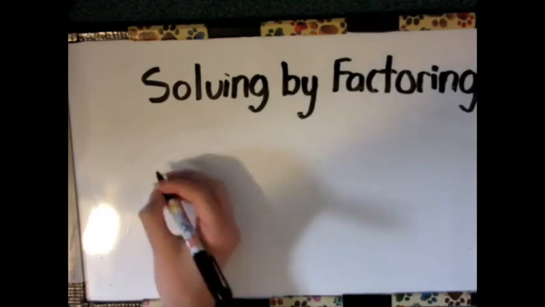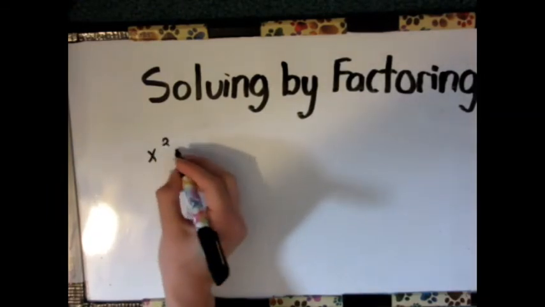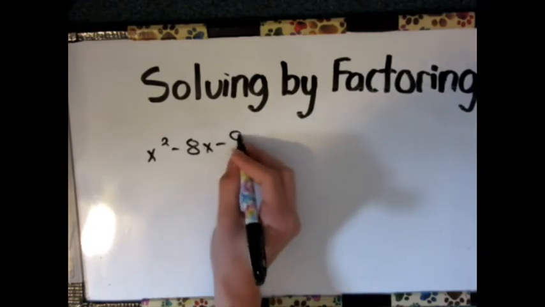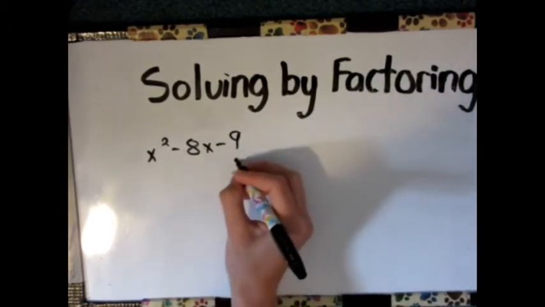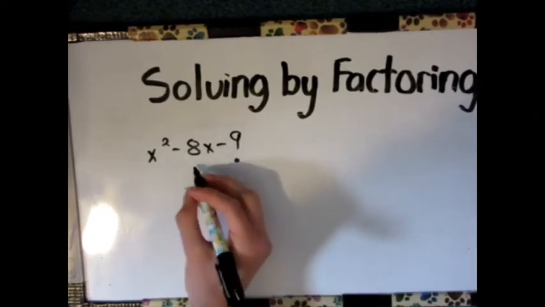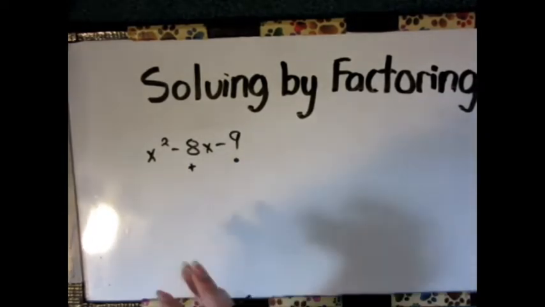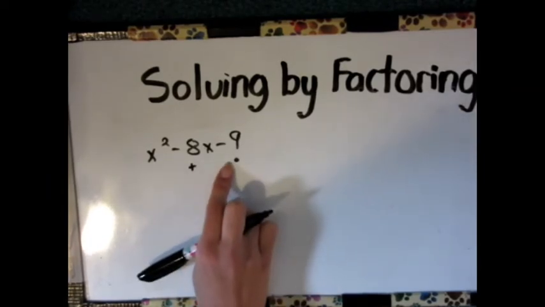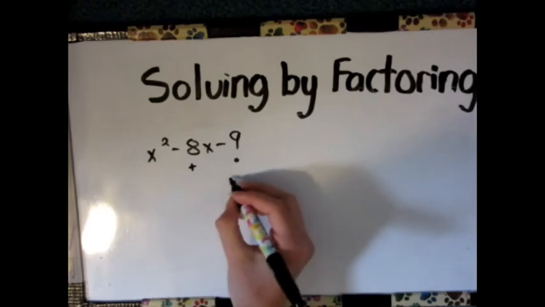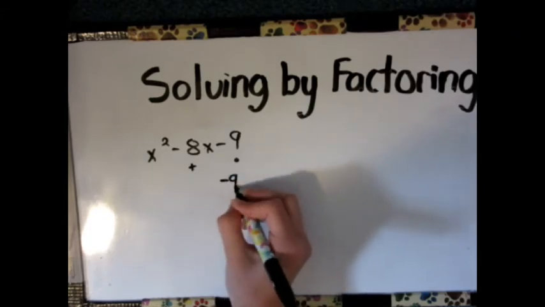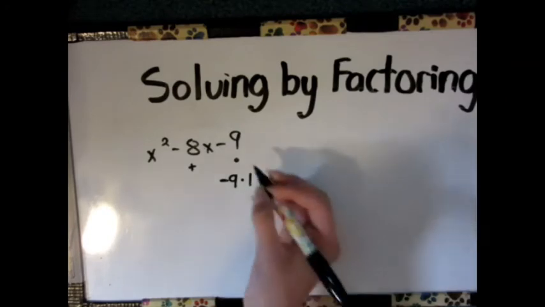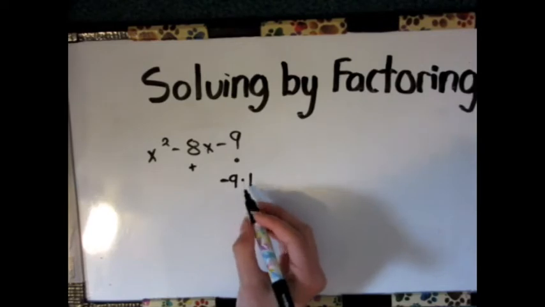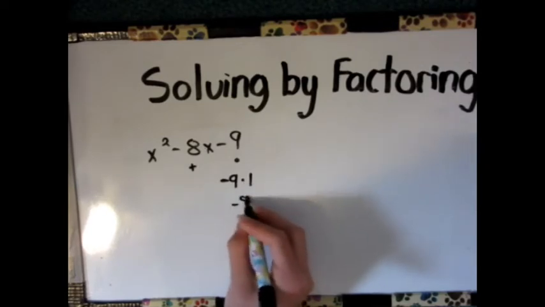Alright. Next example I'm going to use is x squared minus 8x minus 9. Again, you're going to want to find two numbers that multiply to get you negative 9 and add to get you negative 8. And since they're only one off from each other, I can assume that negative 9 times 1, when you add them, you're going to get negative 8.